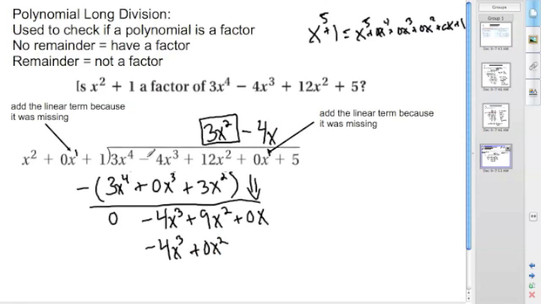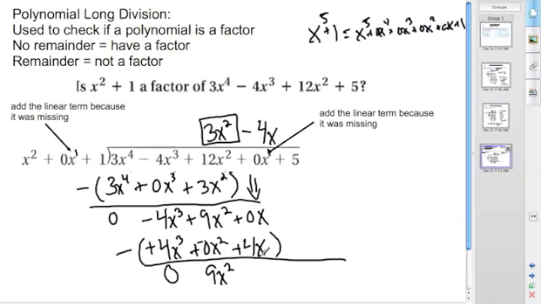Negative 4x times 1 is negative 4x. And again, we subtract, which means this turns to a positive, negative, positive. So we have 0. 9 minus 0 is 9x squared plus 4x, and we have to drop down the 5, positive 5.